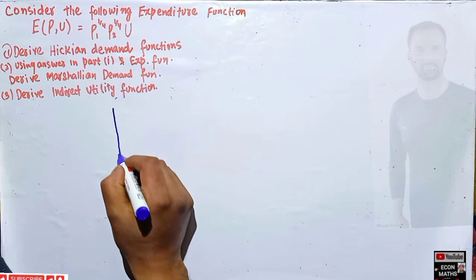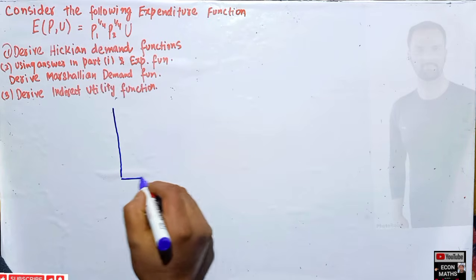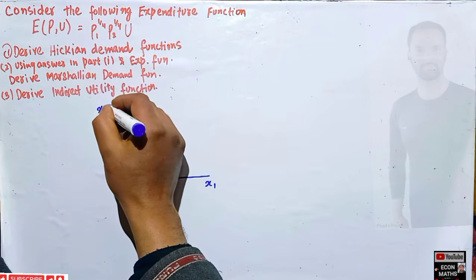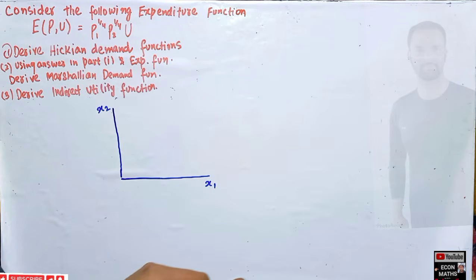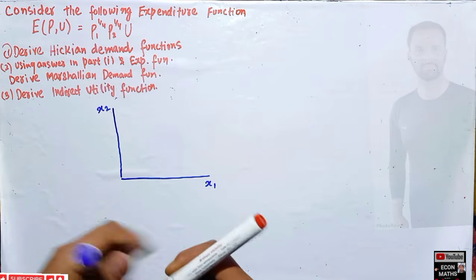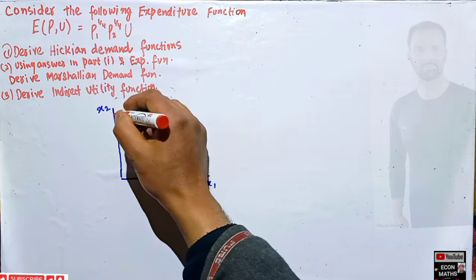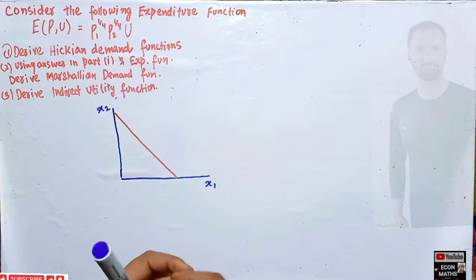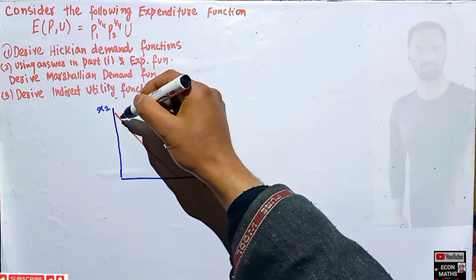Let us say we have x1 and x2 as the two goods here. The first case is that the budget is given to the consumer. With the given budget, the consumer wants to achieve the highest possible utility.